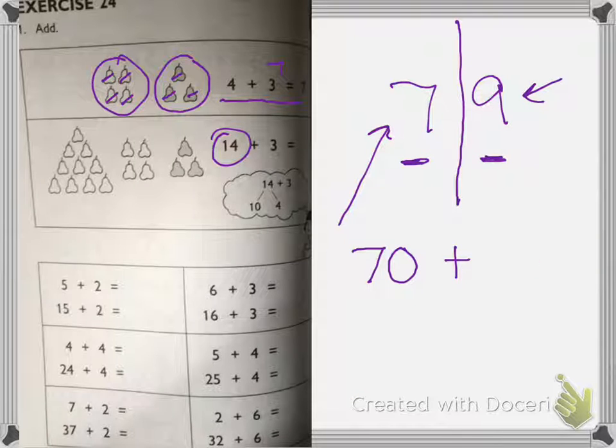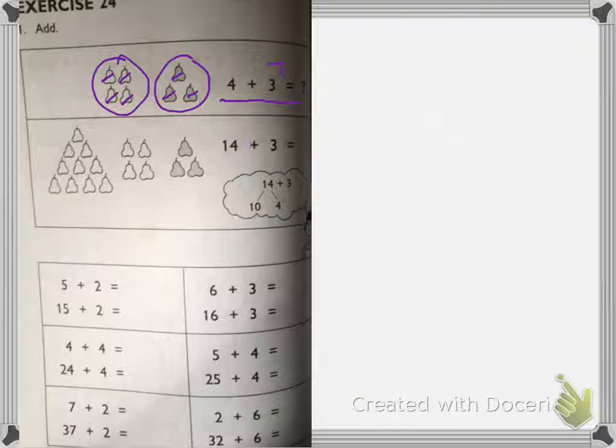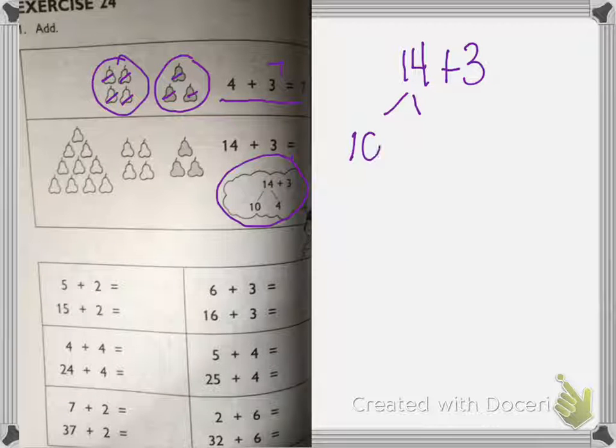Okay, now we're going to go back to our workbook. And we're going to look at what the book did. If you look right here, the book took 14 plus 3, and it divided the 14 into its tens, which is 1 10, and it's 4 ones. I'm going to take away the plus because the book doesn't have a plus. It had 1 10 and 4 ones, and then you still have a 3 right here.